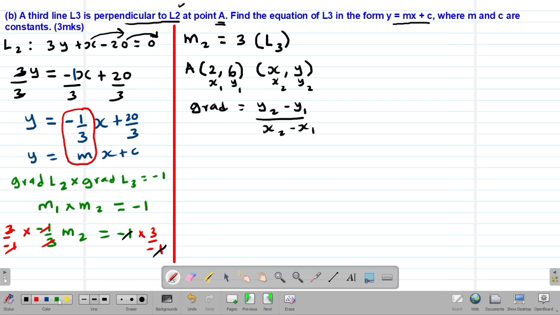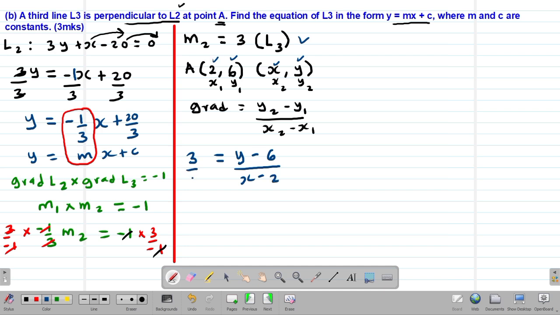So if I substitute the values, I'm going to get the following. The gradient of L3 is actually positive 3, which should be equal to y2 is y, so I'll have y, then of course minus y1, which is positive 6, divided by x2 is x, so we'll have x, then minus x1, which is positive 2.